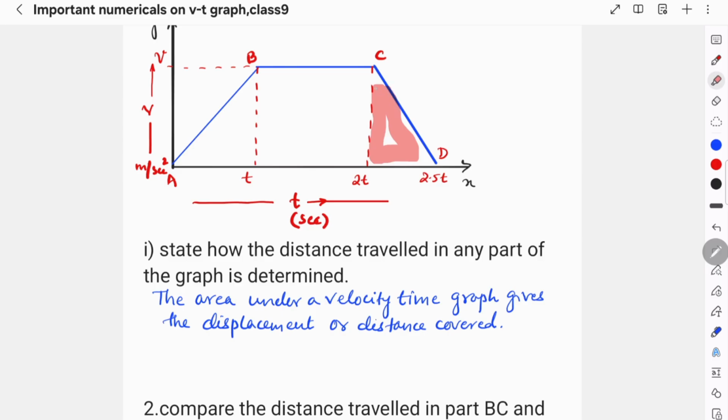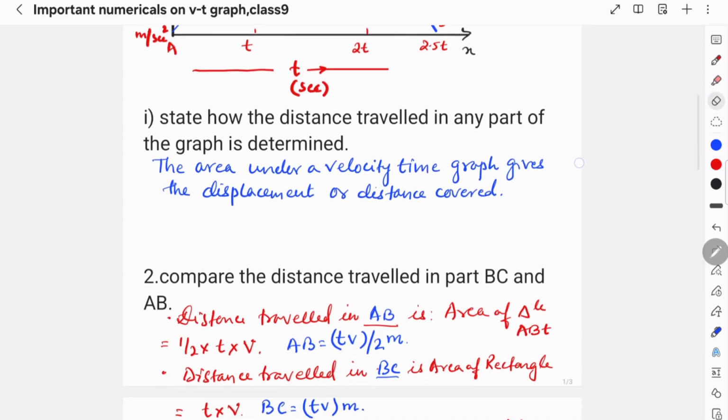That is, this is the distance traveled in negative acceleration, which is retardation also. So this area will give us the distance traveled after the brakes are applied. Okay. Now let's calculate the area.